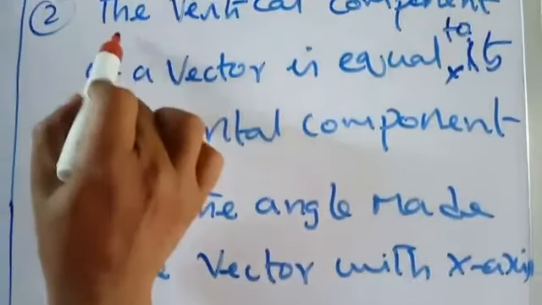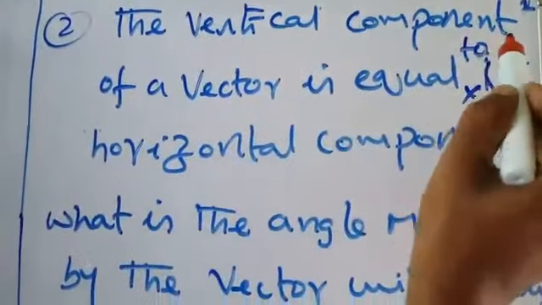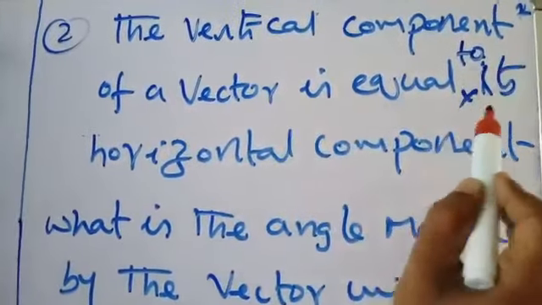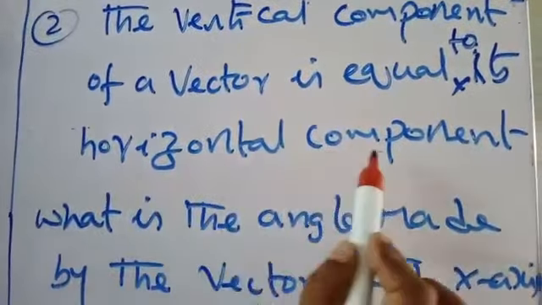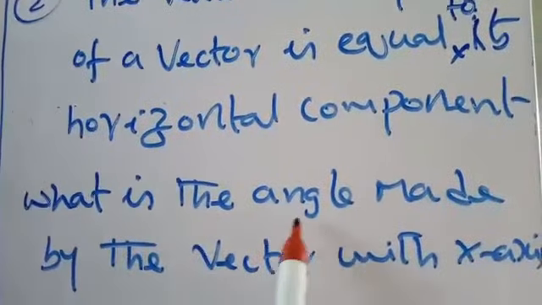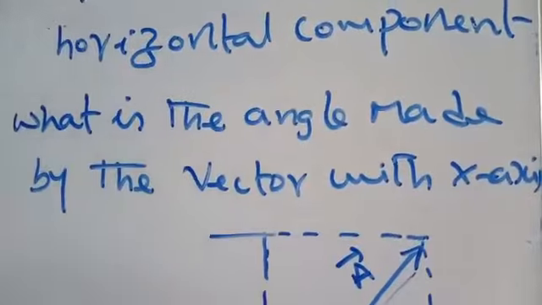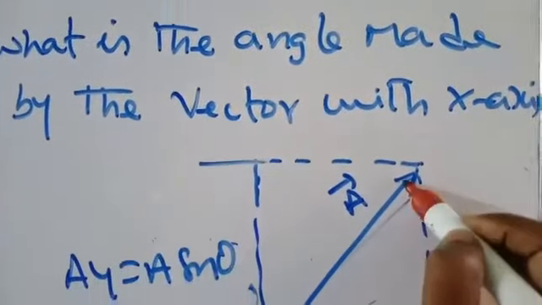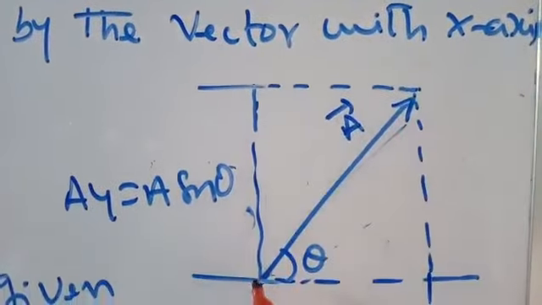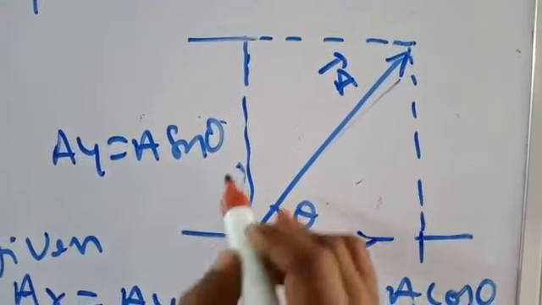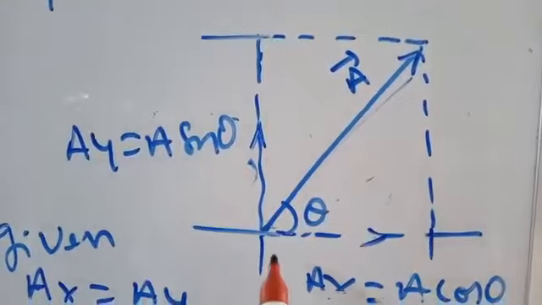See, the vertical component of a vector is equal to its horizontal component. So this is the vector A bar. This vector A bar can be resolved into two components. One is the horizontal component, the second one is the vertical component.